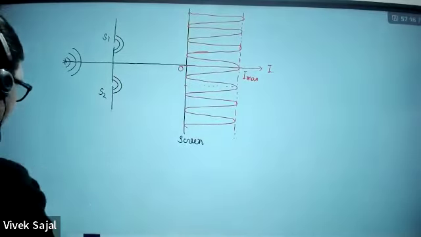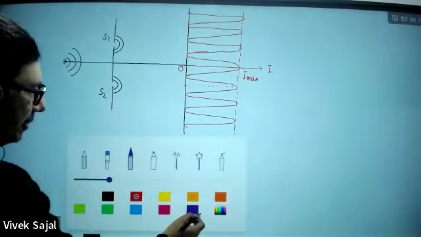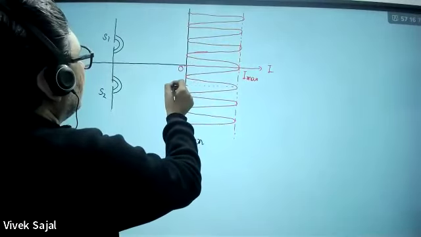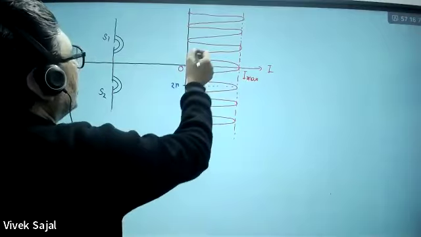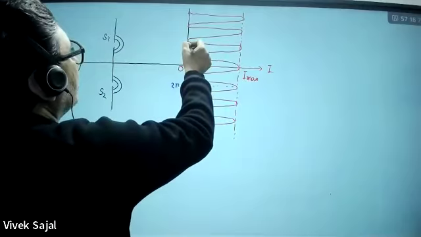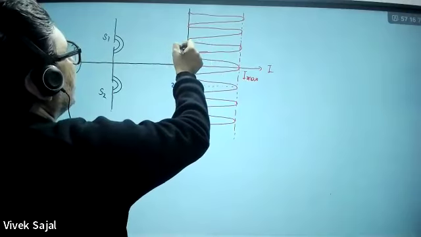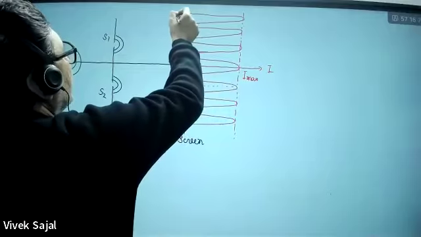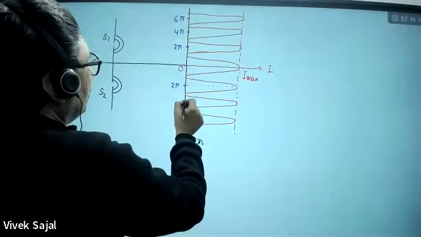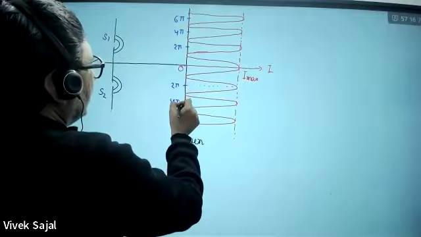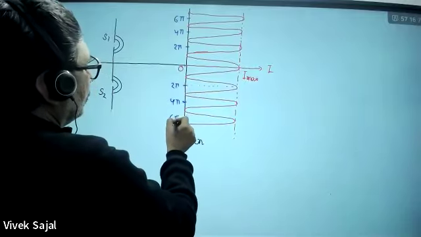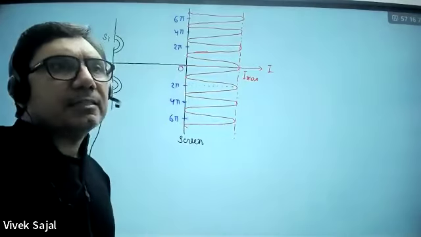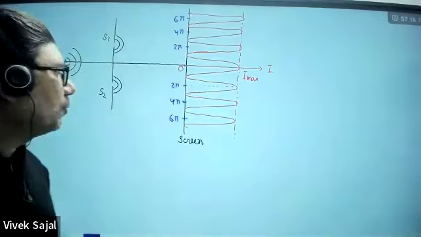Now, if I write the phases here, this is 0 phase. Here you are going to have 2 pi phase, here this is 4 pi, here this will be 6 pi, and so on. So here you can observe that the height of all the interference maximas is the same.